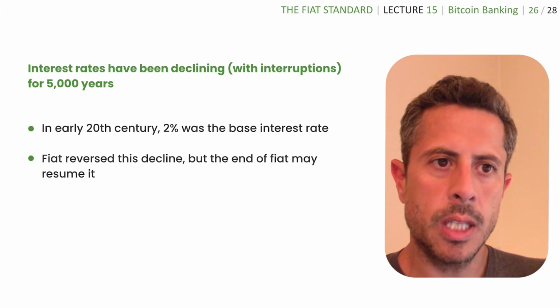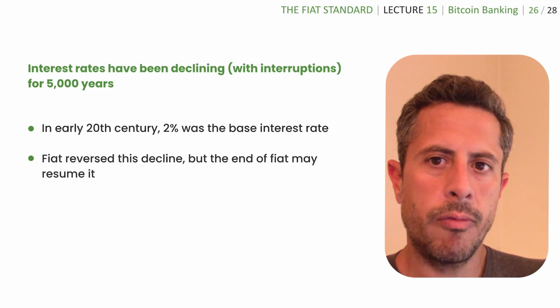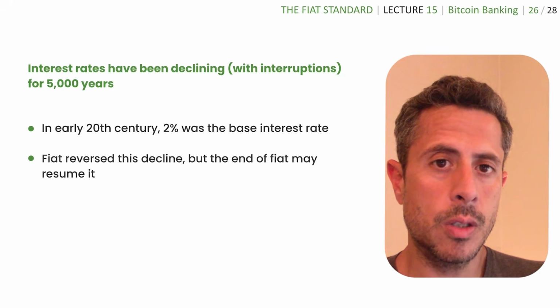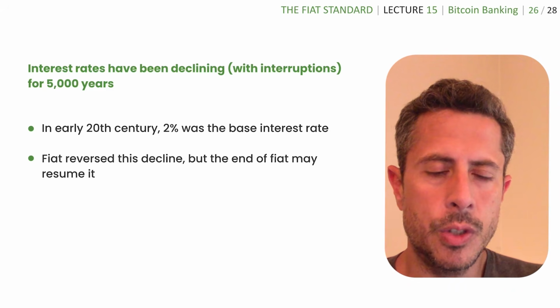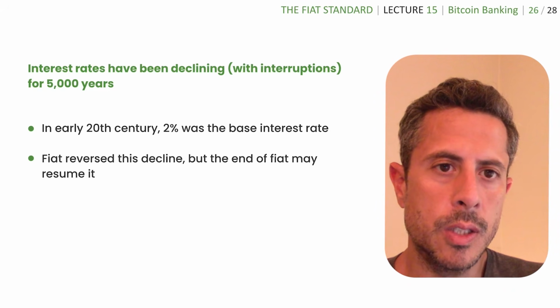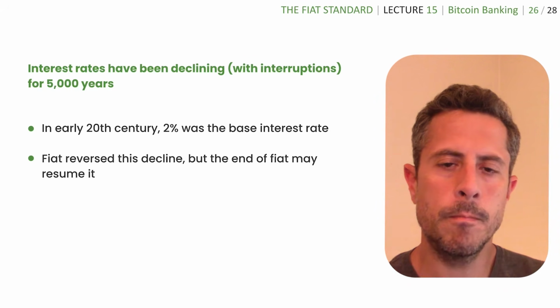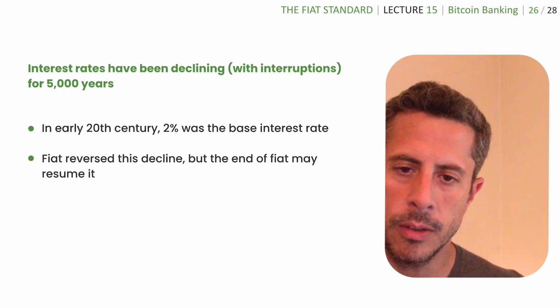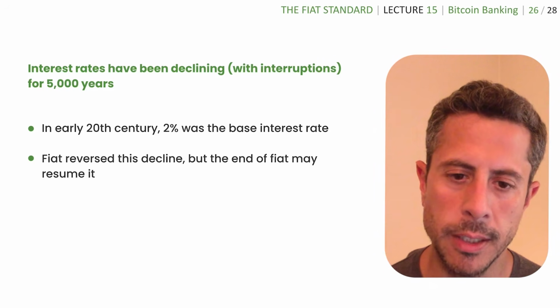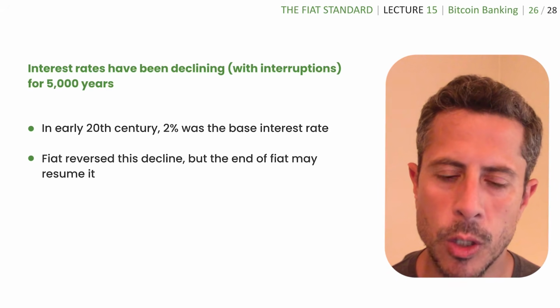My contention is that we have been in a 5,000 year process of civilization, and this 5,000 year process has been reflected in a declining interest rate. And my contention is that as gold became great money, and gold increased in its use as money, it increased the productivity of society because of its excellence as a monetary medium.